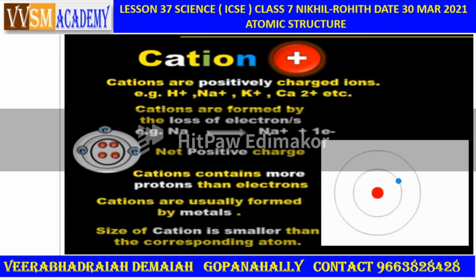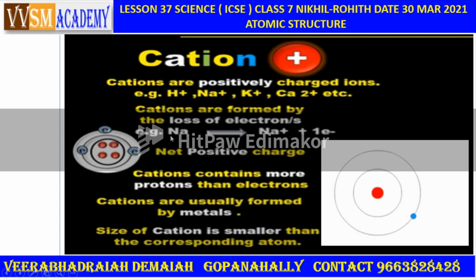So valency may be monovalent, divalent, trivalent, tetravalent, pentavalent, etc. You know that last class we have given all these things. Monovalent, only one electron in the outermost orbit. Divalent, 2 electrons in the outermost orbit. So, my dear friends, cations are formed by the loss of electrons.